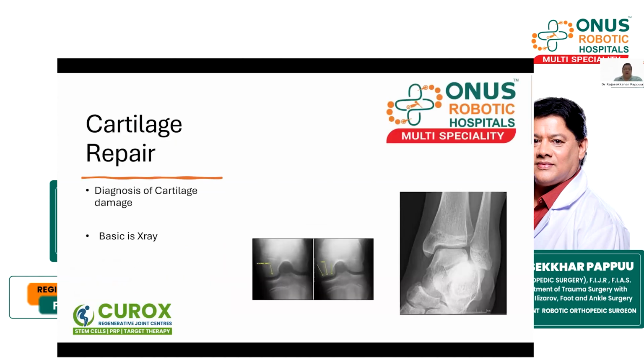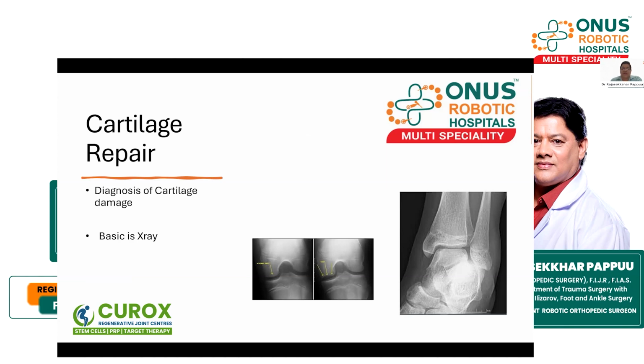So how do you diagnose a cartilage damage? The most common places where you might damage your cartilage are the hip, knee, and ankle joints. Elbow is very rare, but you can see cartilage damage there also. But the elbow is not a weight bearing joint, so you don't very often see painful conditions bringing you to the doctor for any treatment.